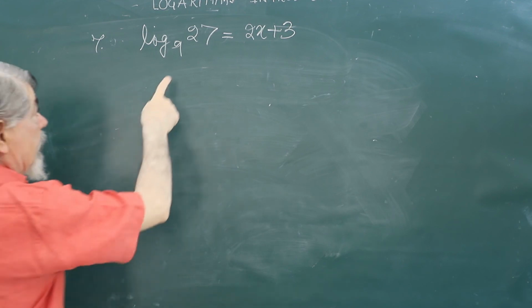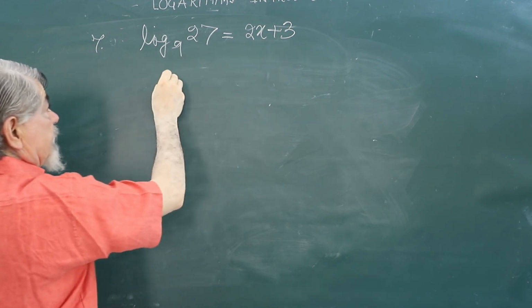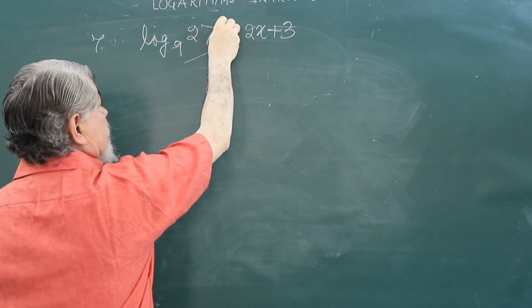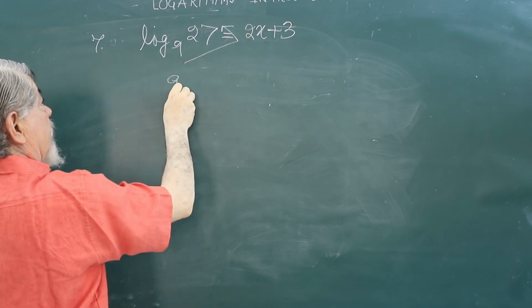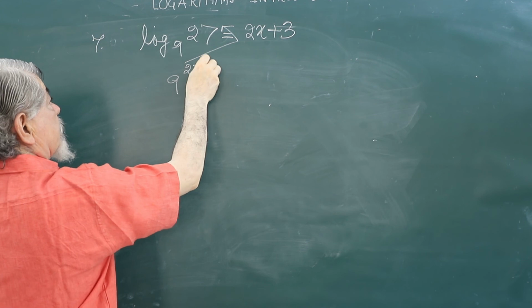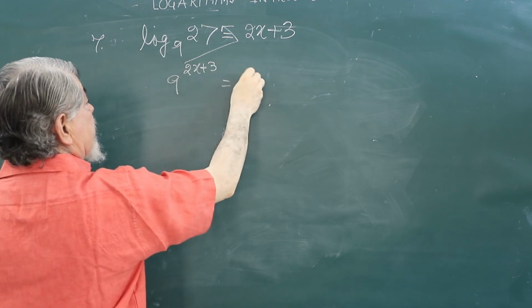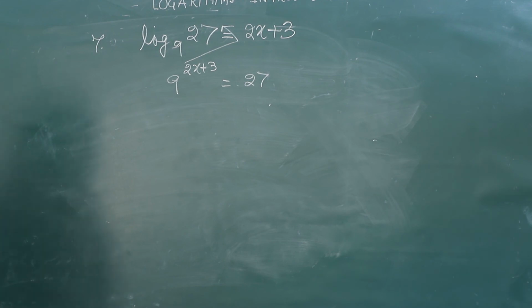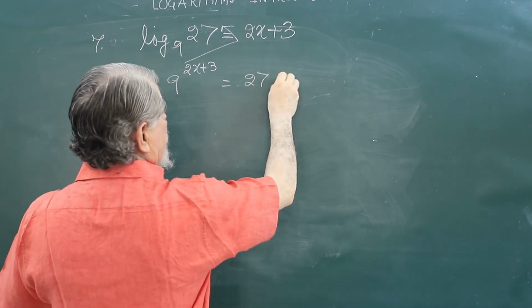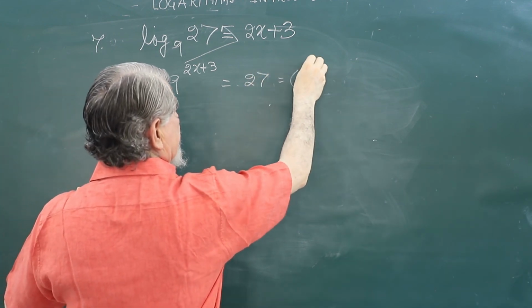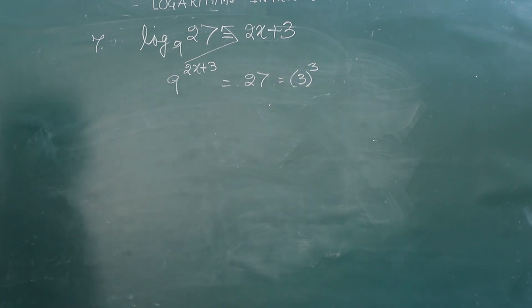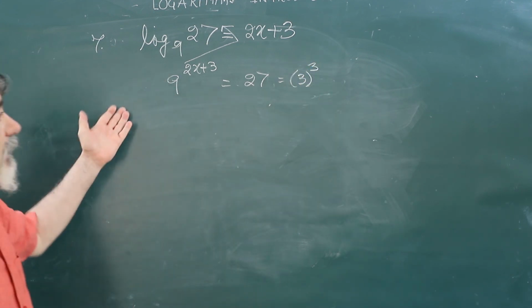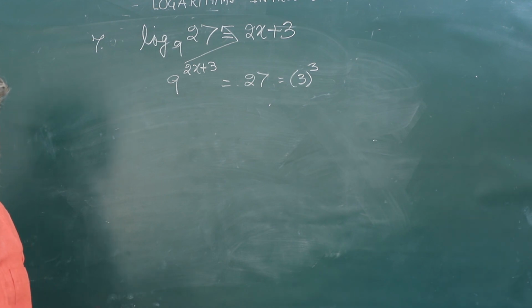So 9 to the power 2x plus 3 is equal to 27. And what is 27? 3 to the power 3. 3 3s are 9, 3 9s are 27. Now here the powers are the same, now the bases need to be the same.